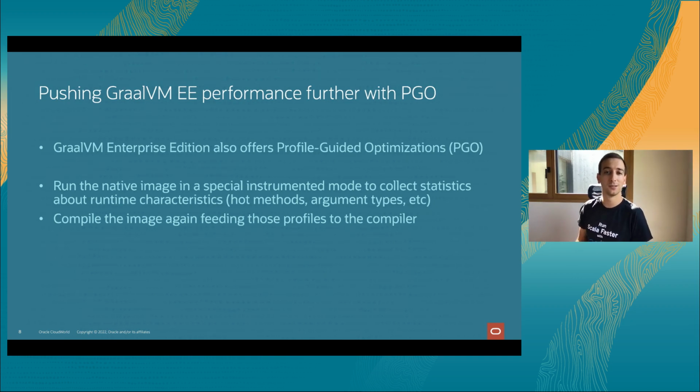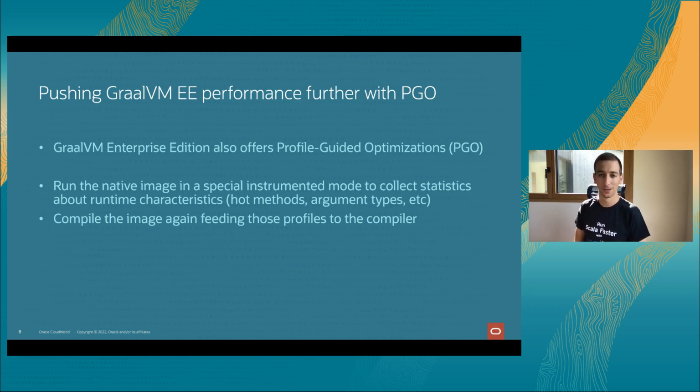What we call hot methods are the ones that have been called many times throughout the application execution. The hot methods are the ones that are the most important performance-wise. The methods that have been called once or twice, it's not worth investing a lot of time in the compiler to optimize them.